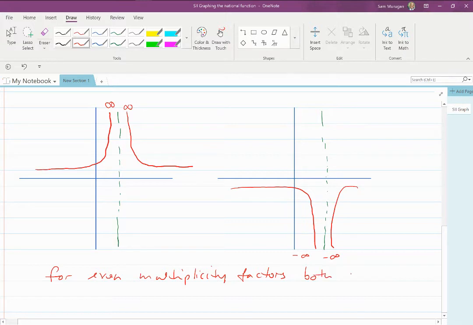Both ends would go to infinity or negative infinity.